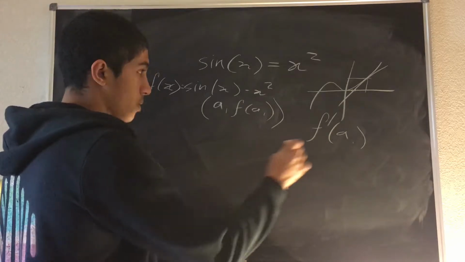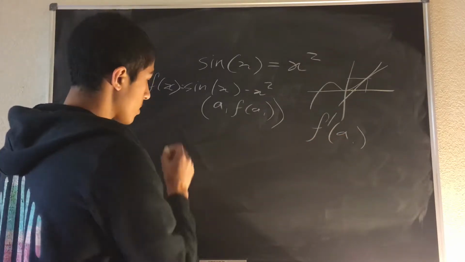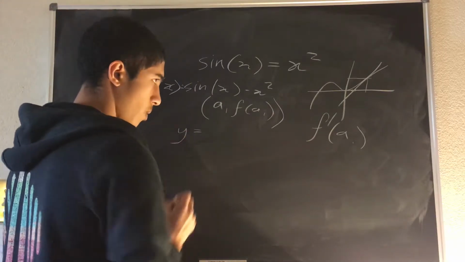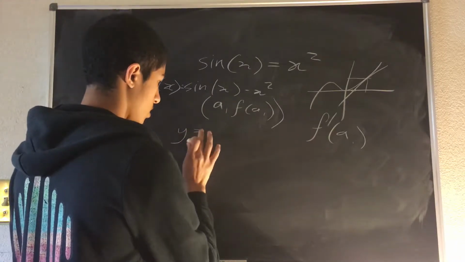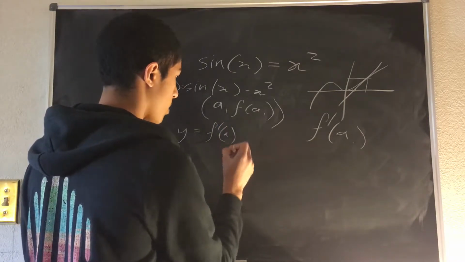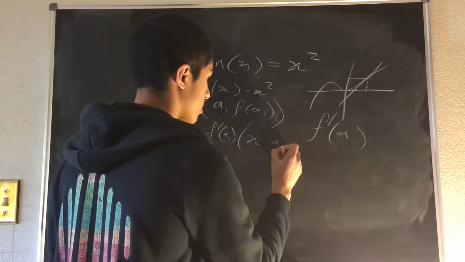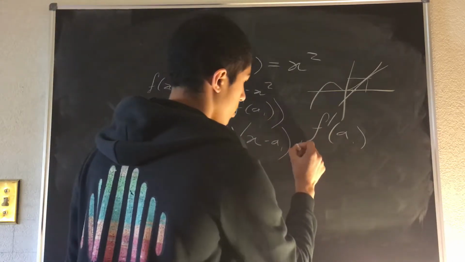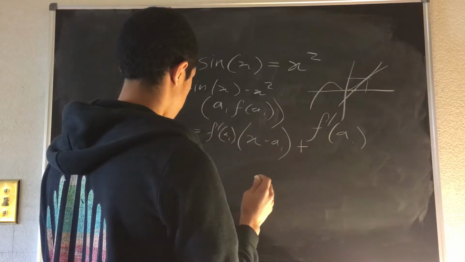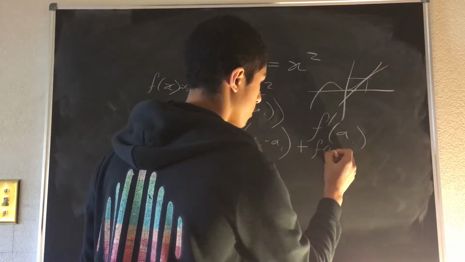So once we know the slope and the point which the line goes through, we can use the point-slope formula, which says that y is equal to the slope, which is f prime of a1, multiplied by x minus a1, plus f of a1.